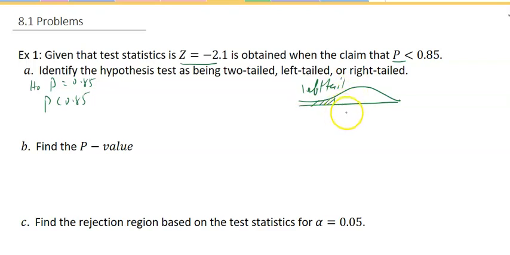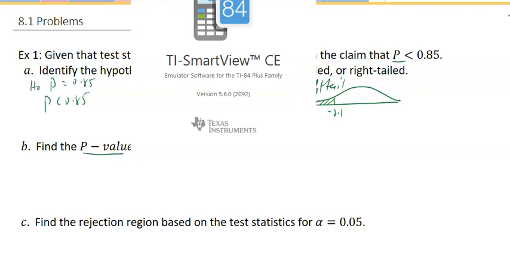And this is negative 2.1. If I want to figure out what the p-value is, I will say that's the probability that z is less than negative 2.1, and I know how that goes. So I want the area to the left.